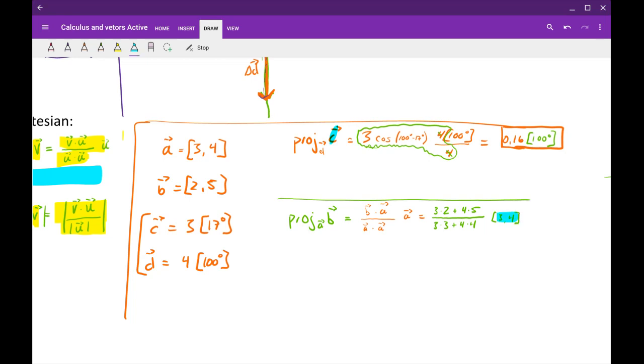So basically that is that, this is this, and this is that, coming from this formula over here.